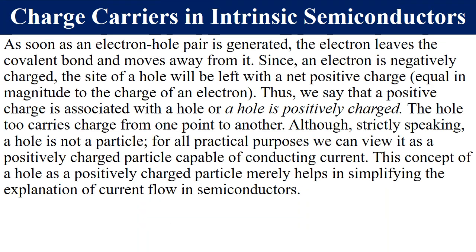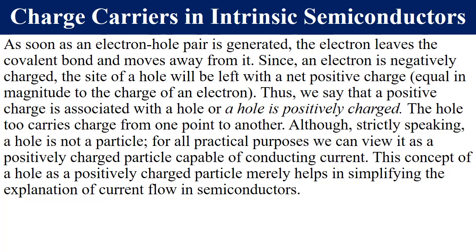I've said an electron-hole pair is generated when an electron leaves a covalent bond, or when an electron leaves the valence band and proceeds to the conduction band. And since it is negatively charged, the site of a hole will be left with a net positive charge. Thus, we say a positive charge is associated with a hole, or we can say a hole is positively charged. That is the concept.